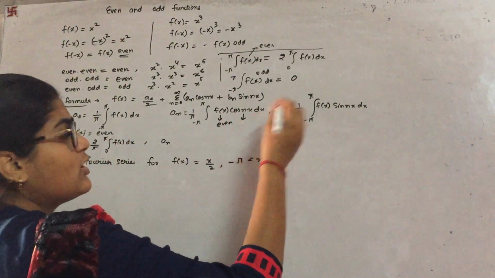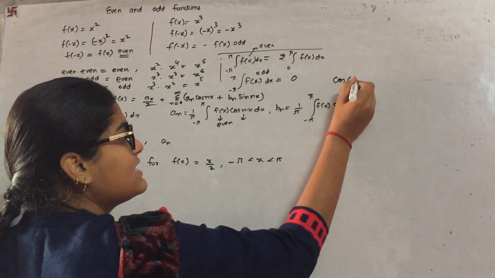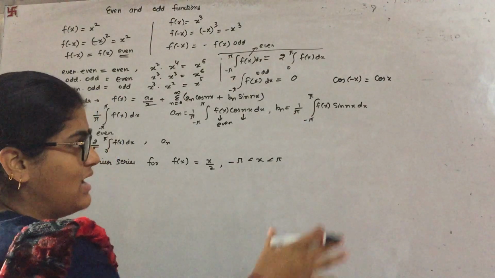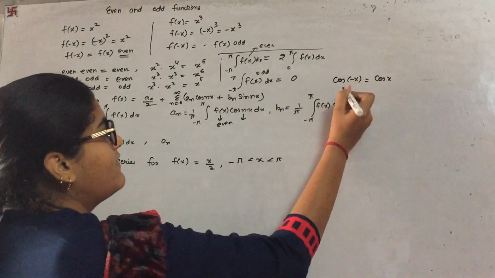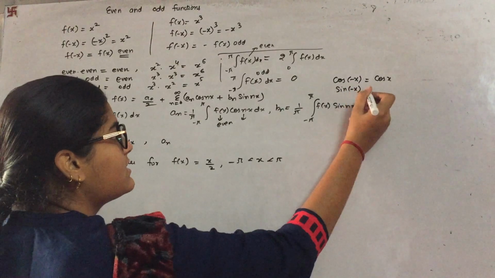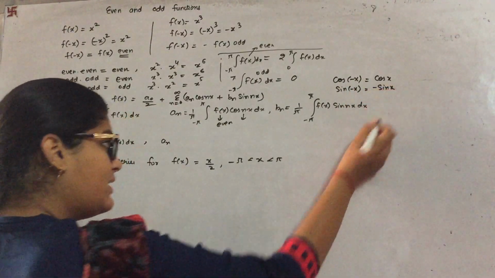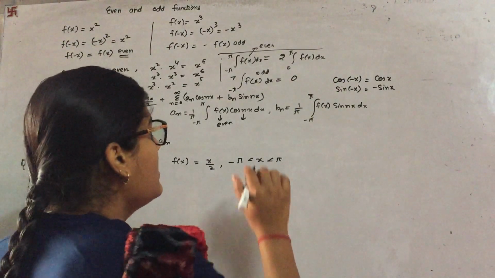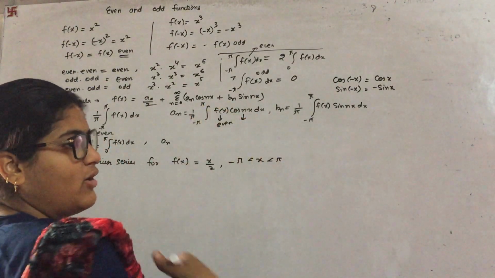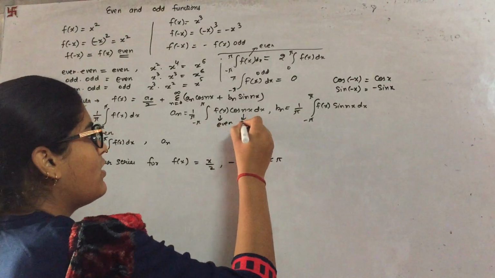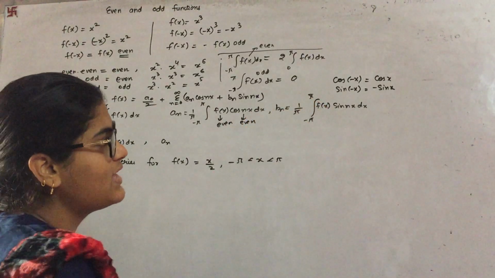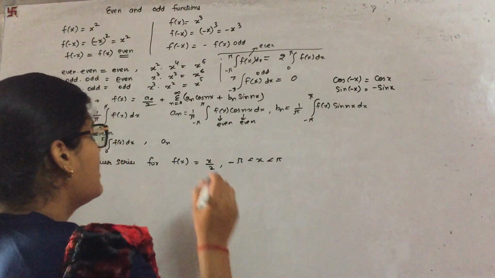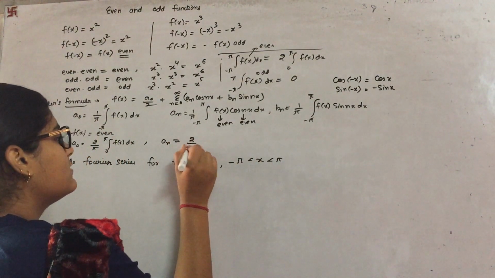Because, as you know, cos of minus x is plus cos x, that's why I'm telling you it is even, whereas sine of minus x comes out to be minus, that means minus of the function, so it is odd. This function, according to our assumption, is even, and cos is even, so even and even, the product comes out to be even. That's why it also becomes twice.